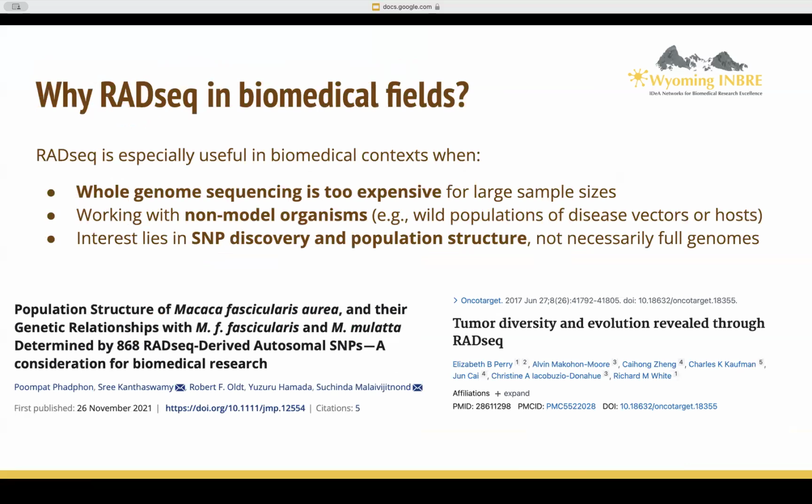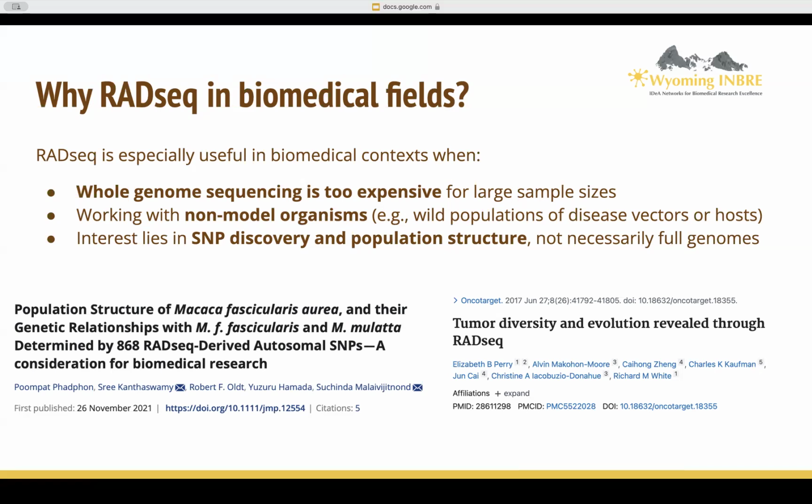RADseq also has important applications in biomedical research, especially in cases where traditional whole genome sequencing may not be practical or necessary. While it is used in biomedical contexts, it's somewhat limited compared to other sequencing methods. It remains highly relevant in specific scenarios.